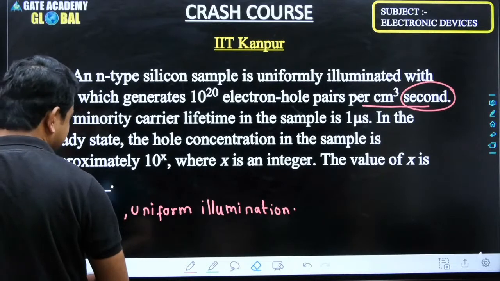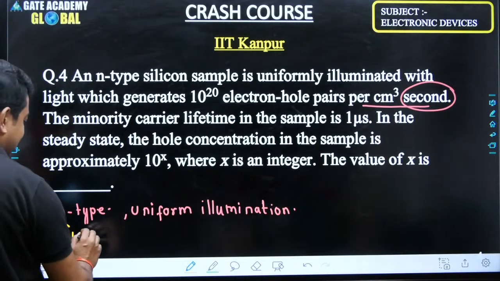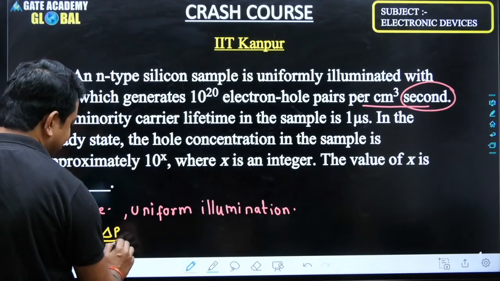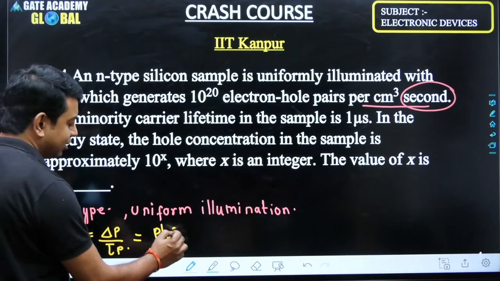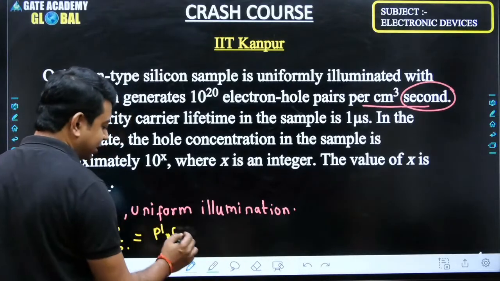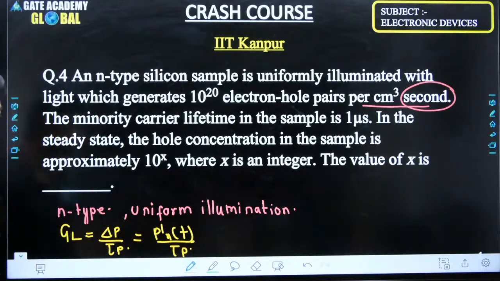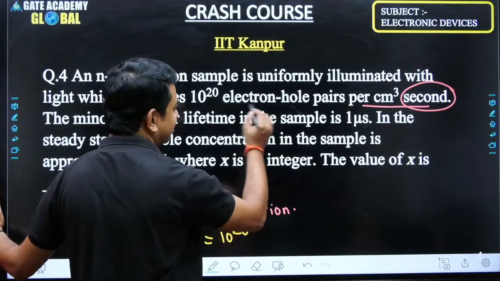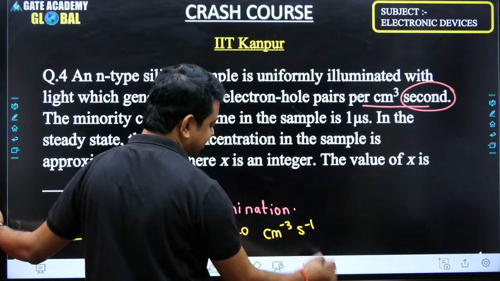There must be another way of writing these things, that is the generation due to the light source, given by delta p divided by tau p, or delta n divided by tau n, or p dash n of x, or if it is illuminated uniformly, p dash n of t divided by tau p. In this way we can write. Because the unit I have cared about, this is given by 10 to the power 20, so the unit is electron hole pair per centimeter cube per second.